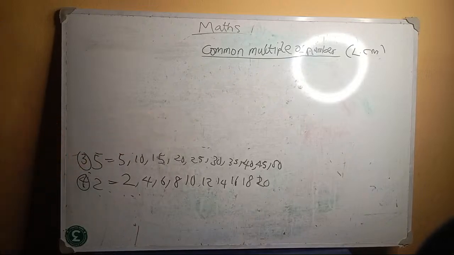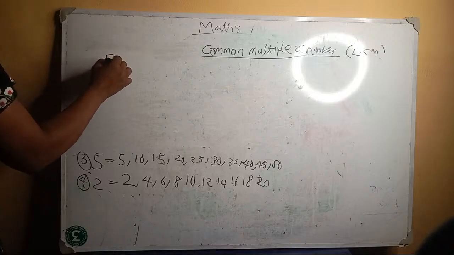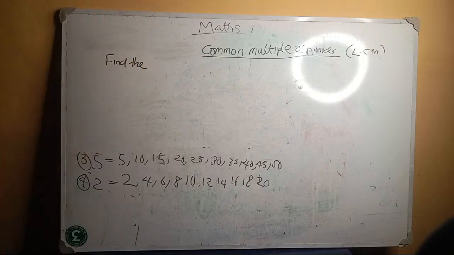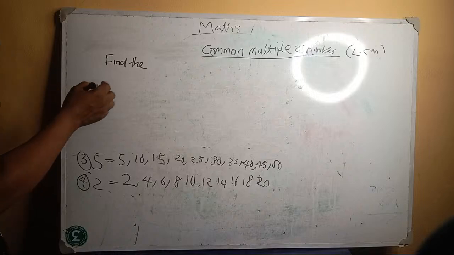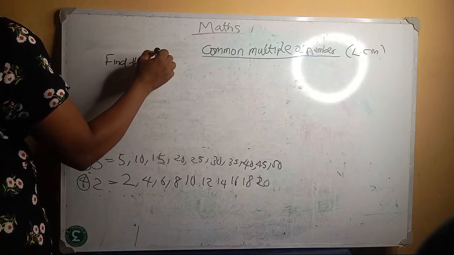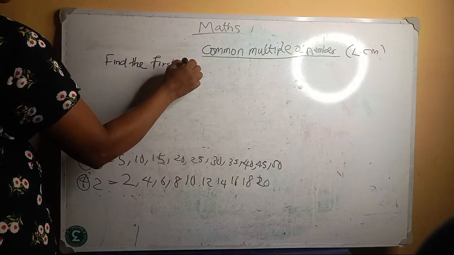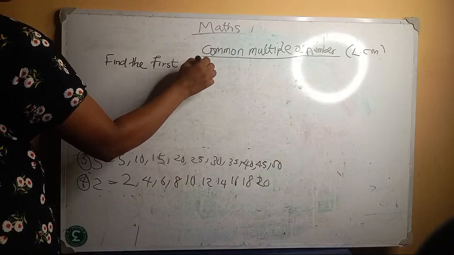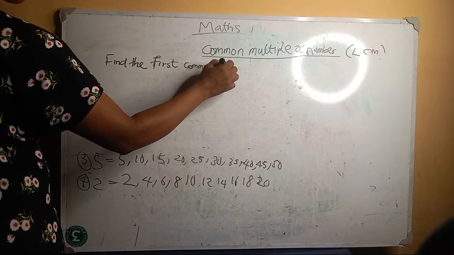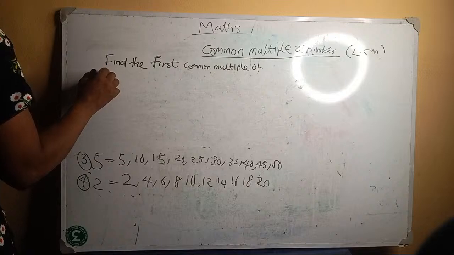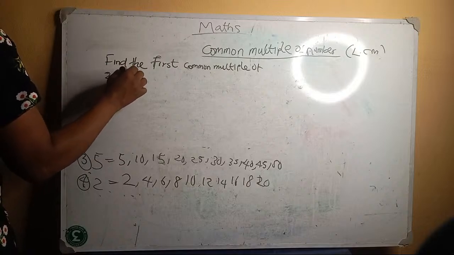So now coming to our next example, we're going to use two numbers to find the first common multiples. Number one is the first common multiple of 2 and 5.